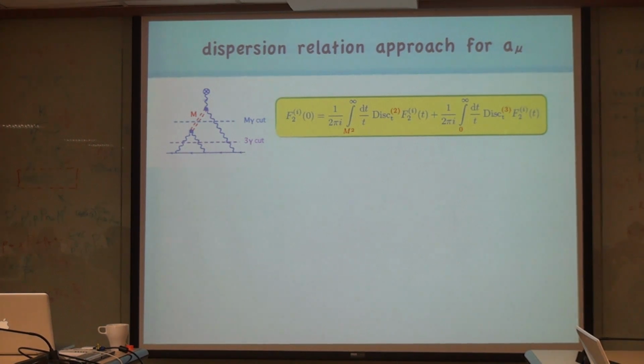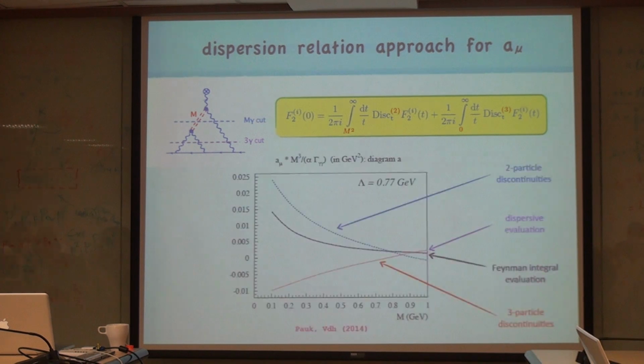Now, this of course has not been done with data, so this is what several groups are working on now, but I would like to show you a proof of principle calculation which we did recently, which is already realistic in the sense that it's the contribution coming from pseudoscalar mesons.